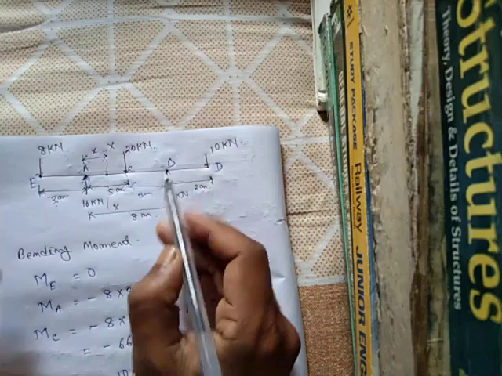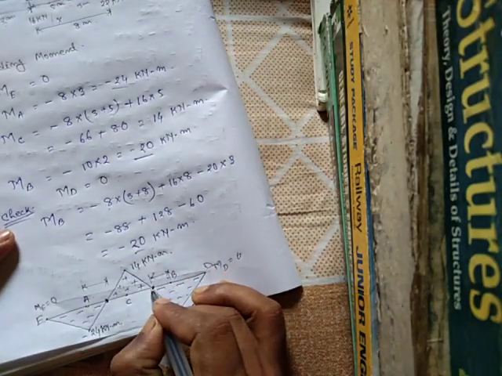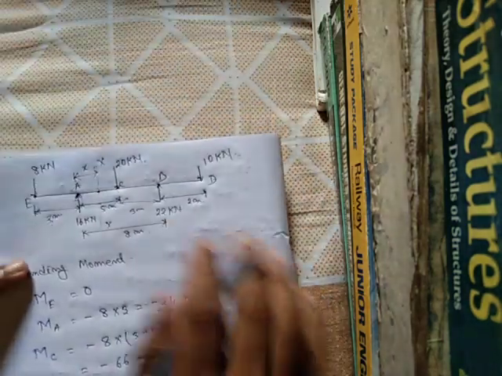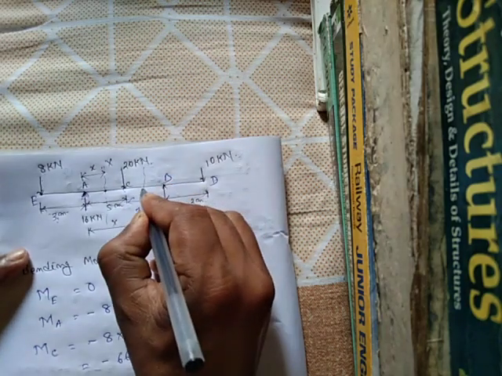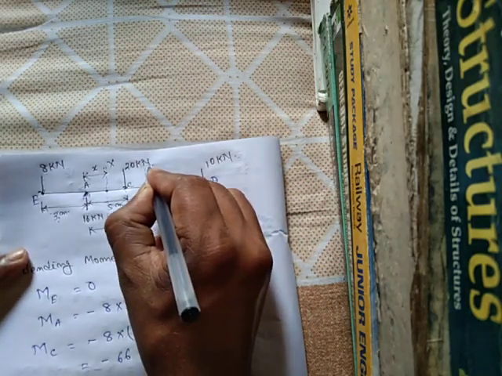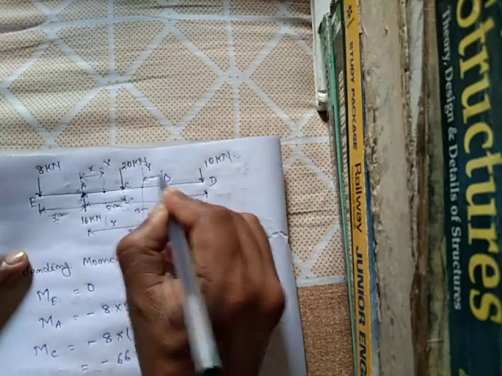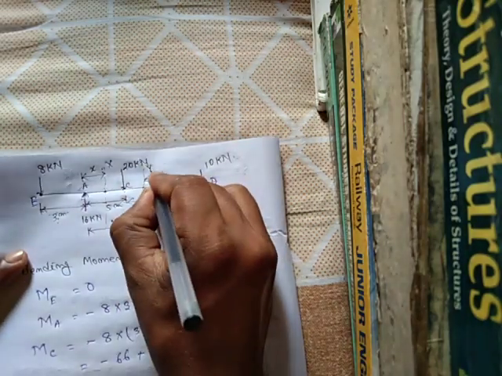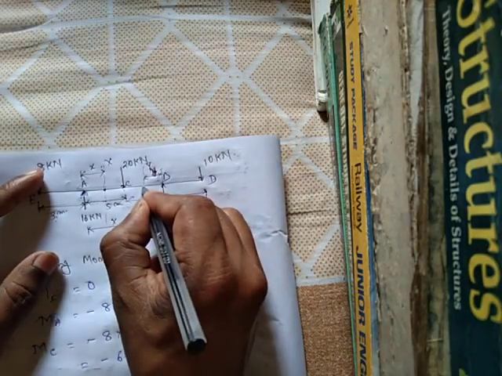Now find the point of contraflexure from B; this is also a point of contraflexure. Let me choose a section YY, at distance y from B. Now find the moment about point YY.